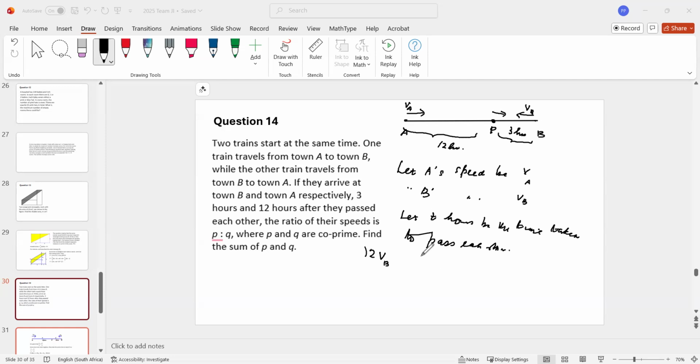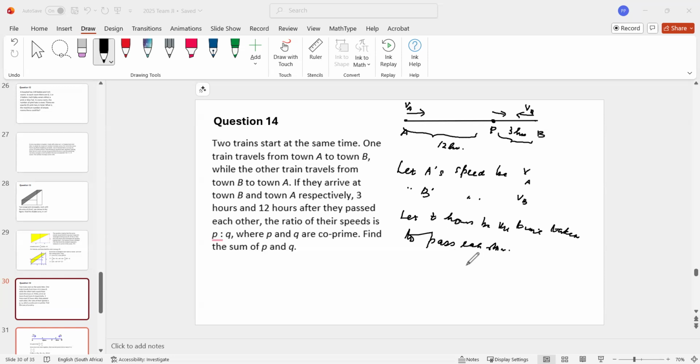So the time it takes to travel. No, this is not travel. Sorry. Sorry. Let's just get this thing right.